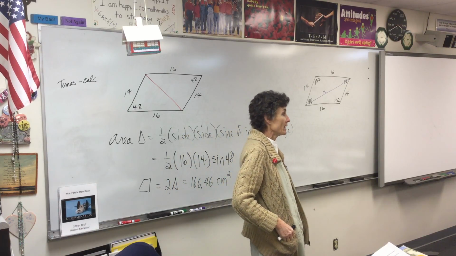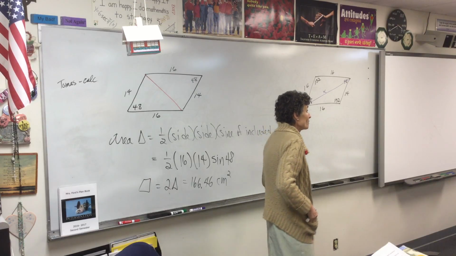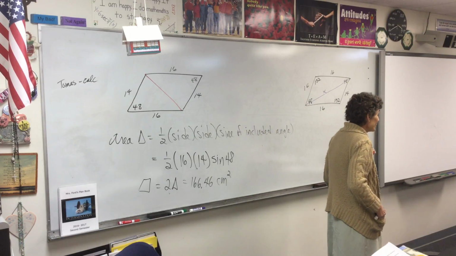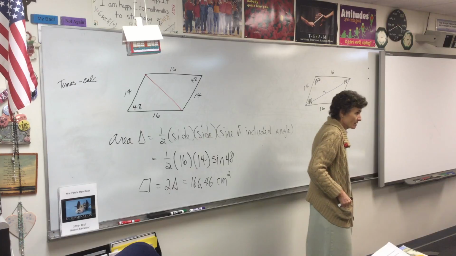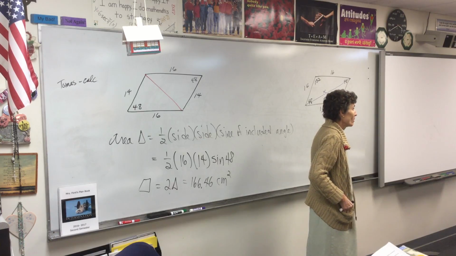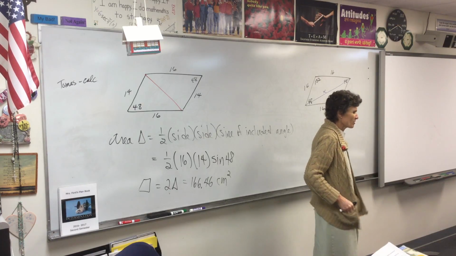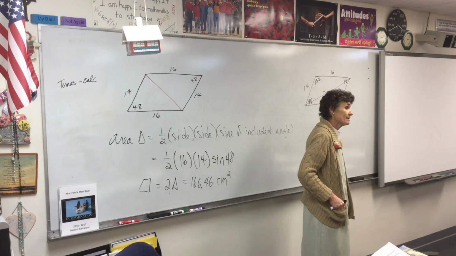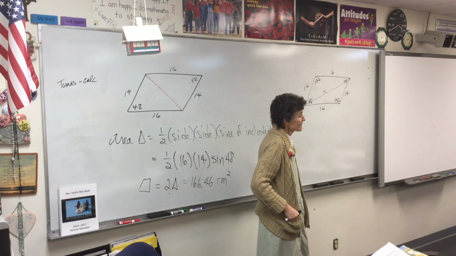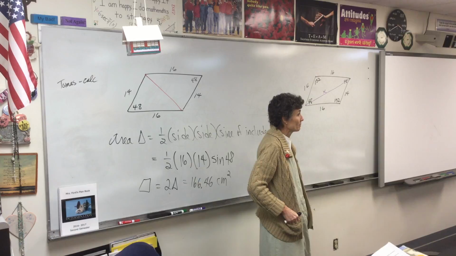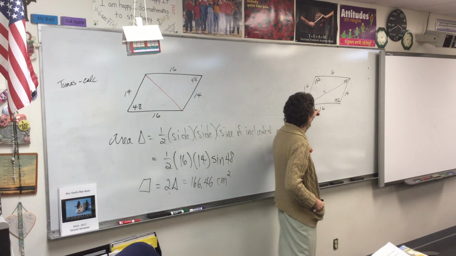They add up to 180. Remember all that stuff about alternate interior, alternate exterior, all those crazy things. These are consecutive interior angles, and consecutive interior angles are always supplementary. They add up to 180.